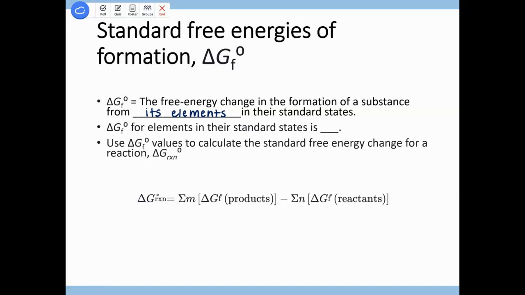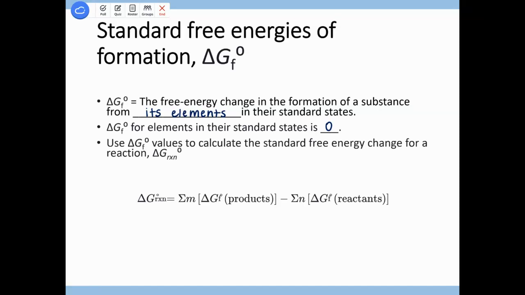So for an element in its standard state, the delta G is 0. An example of this is nitrogen gas, N2. That is the elemental form of nitrogen that's found in its elemental state on Earth. It doesn't require any energy for that to form. It doesn't release any energy. It just is. So delta G for an element in its standard state is 0.